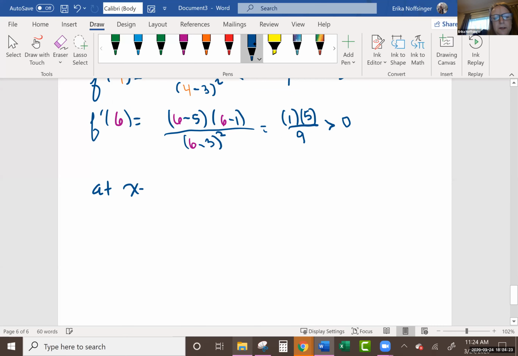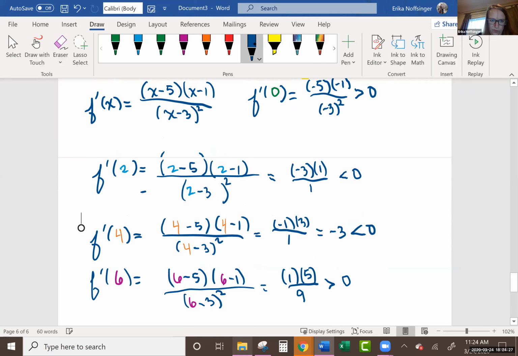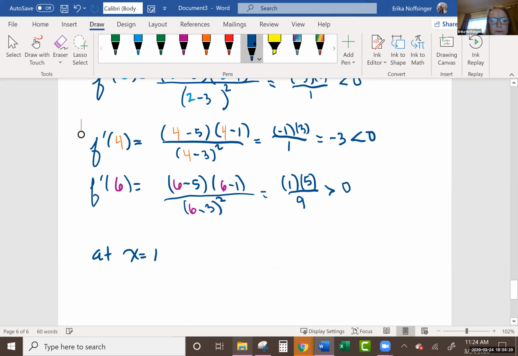At x equals 1, we have a max, at the value f of 1.